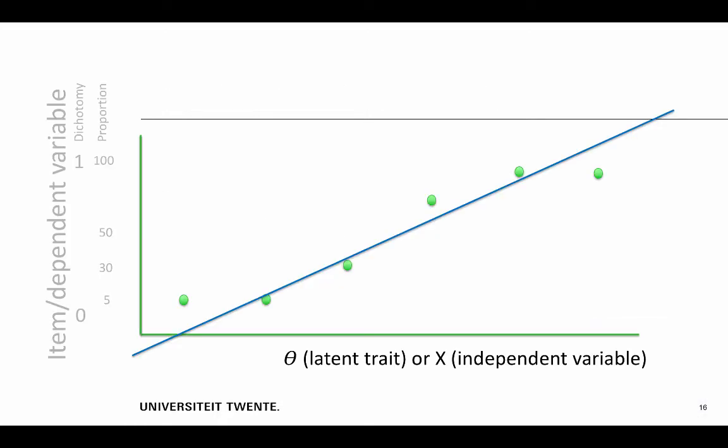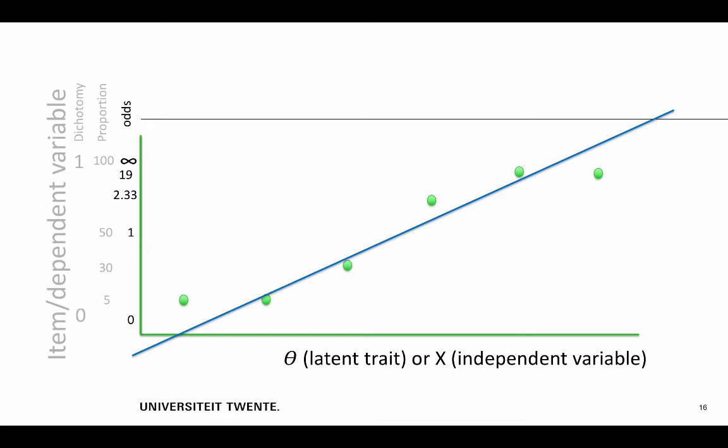Now we first change the probabilities to the odds. The odds of 50% is 1, so you see it on the left-hand side. The odds of 95 over 5% are 19.